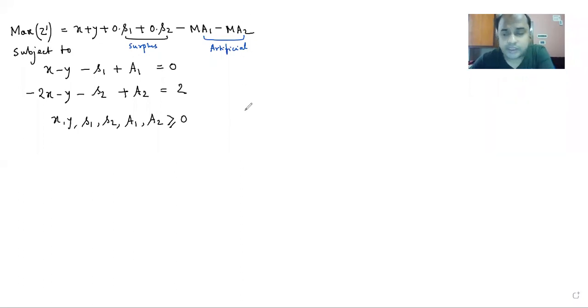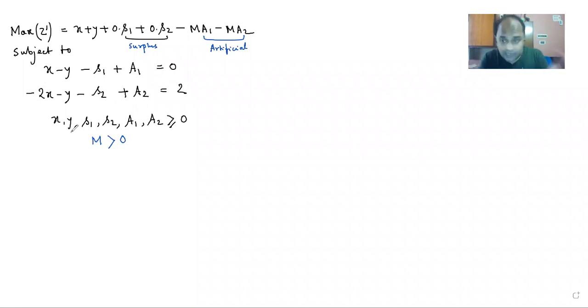So this is the system, and what I was telling in the previous session is that the per unit contribution of the artificial variable is always considered to be M, a positive quantity, where M itself is a very large quantity and positive. But we are using the minus sign, writing minus M A1.